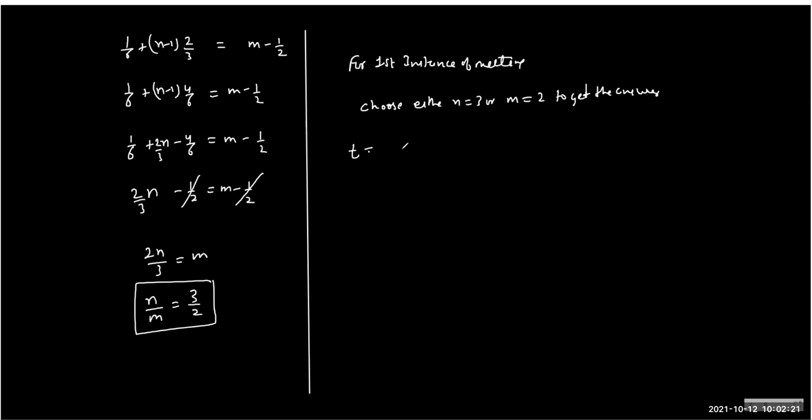So we can say t equals how much? If you remember the formula, it was 1/2 plus m minus 1, or 1/6 plus n minus 1 into 2/3. I think the easier one is this one, so I'll use the m part. What is m? m is 2. This will give you the answer. Even if you take the other formula, you get the same, but you have to take n equals 3.